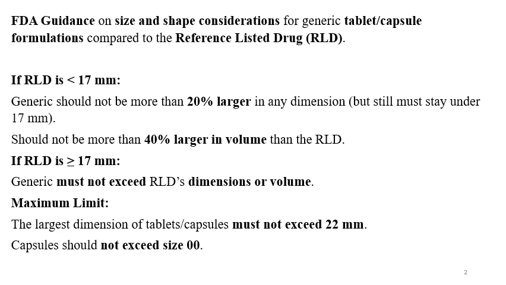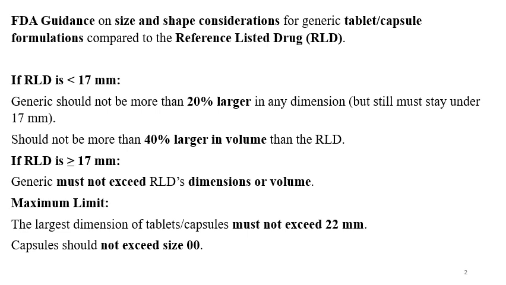For example, if the RLD is 10 mm or 12 mm and you calculate 20% larger, you can take that larger dimension for your generic tablet development. But if it is going beyond 17 mm for certain RLD dimensions like 16 mm or 16.5 mm, then there is no margin of 20%, but it will be 17 mm only.